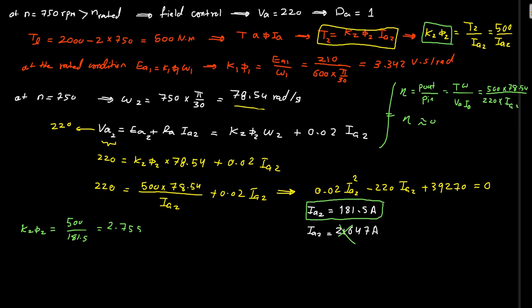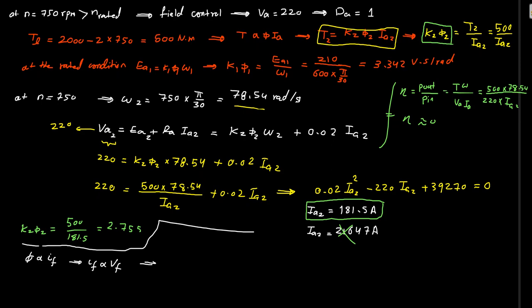Now we know that the flux is proportional with the field current, and we know that the field current is proportional with the voltage imposed to the field circuit.